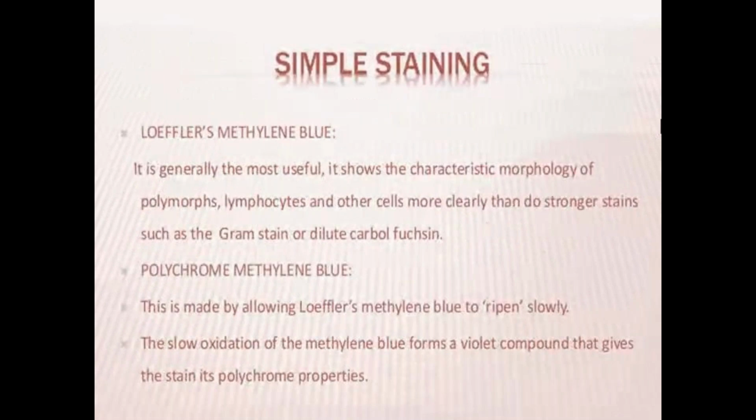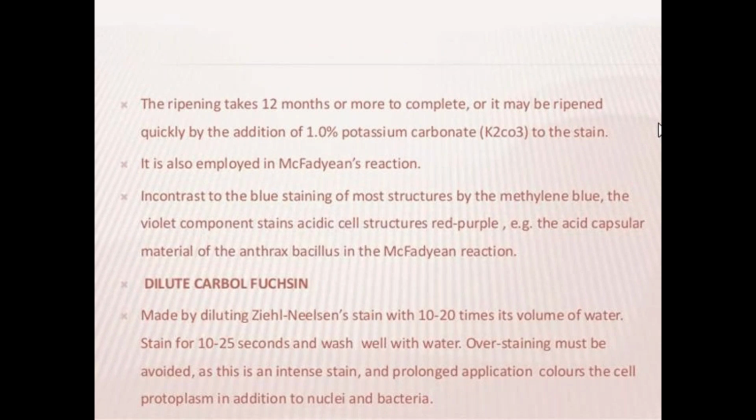And next, during ripening, oxidation is taking place, and 1% potassium carbonate should also be added for the ripening process. For complete ripening, it should be added, and that gives the polychrome reactions.